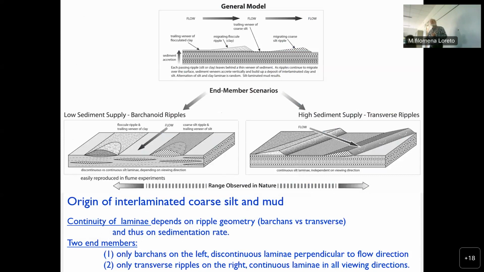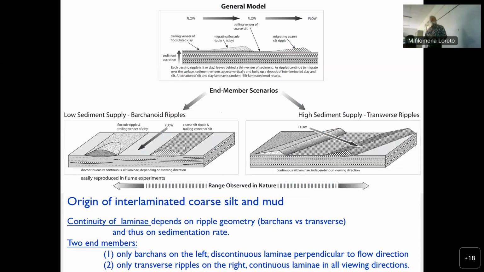We basically have these ripples, some silt ripples and clay ripples migrating along, and we get alternating layers of clay and silt, not necessarily in regular succession, but fairly random, as random as the ripples that are moving on the surface.